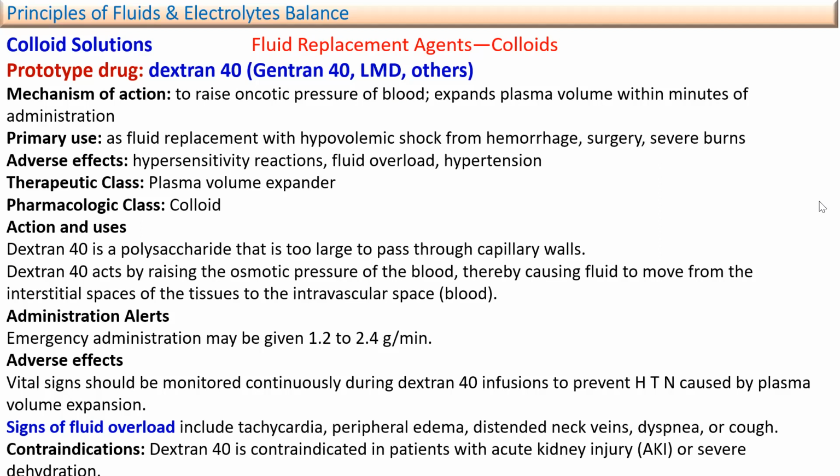Dextran is a polysaccharide too large to pass through the capillary walls, and it is given as an IV infusion. It has the capability of expanding the plasma volume within minutes after administration.